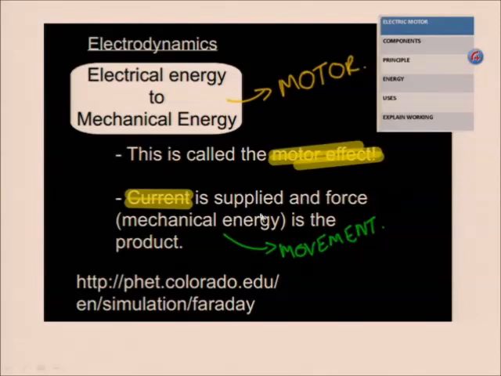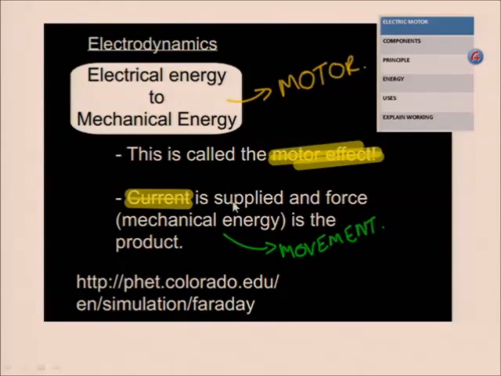All right, so what is happening there in the electrical motor? Current is supplied. In the external circuit, I have a cell, and it is supplying current. So what is the product of that current that's flowing?